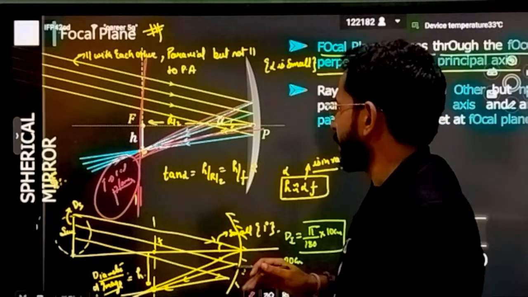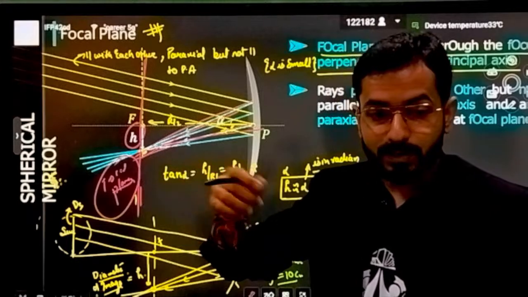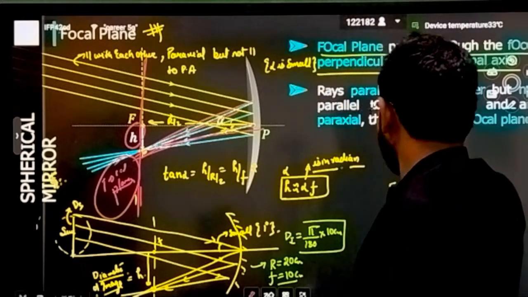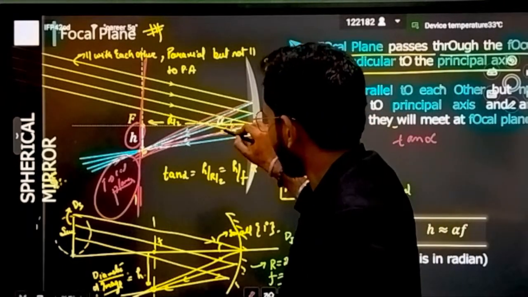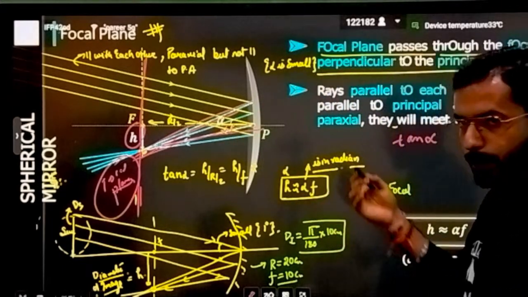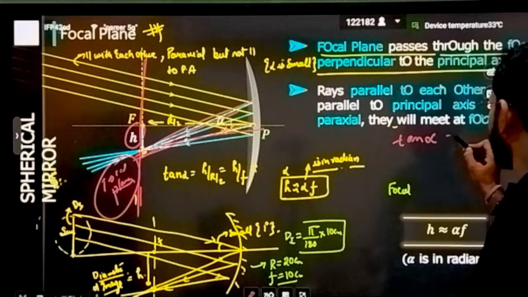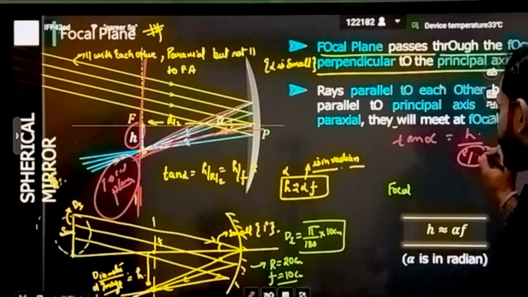Okay, and how can we calculate this? Let's suppose the distance from the focus to where it converges is h. Define tan of alpha, where alpha is the angle subtended here. How will you define it? Perpendicular upon base: the perpendicular is h, divided by R by 2, and R by 2 can be said as focus.